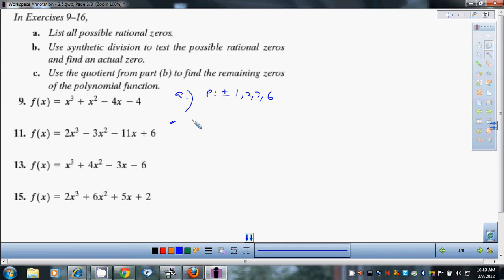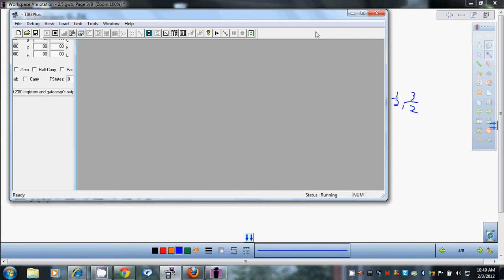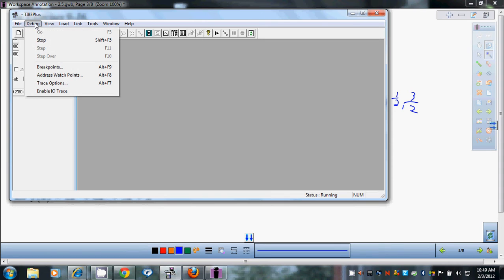And our Q's are just 1 and 2. So our possible P over Q's are 1, 2, 3, 6, plus or minus, and then 1 half and 3 halves. Alright, Part A is done. Part B. I need a calculator.